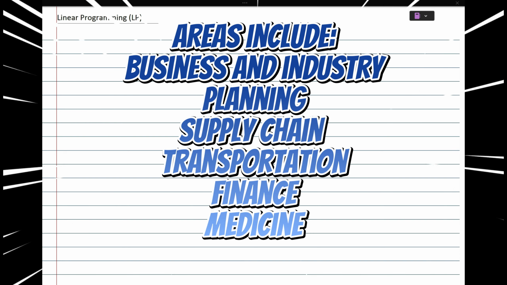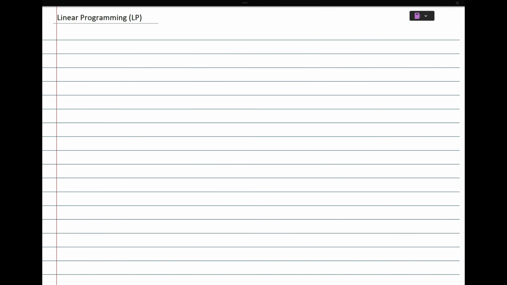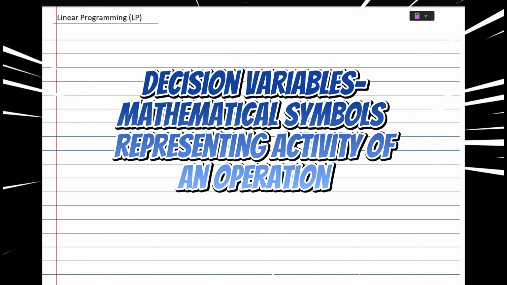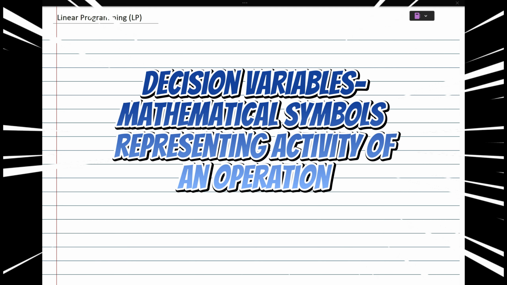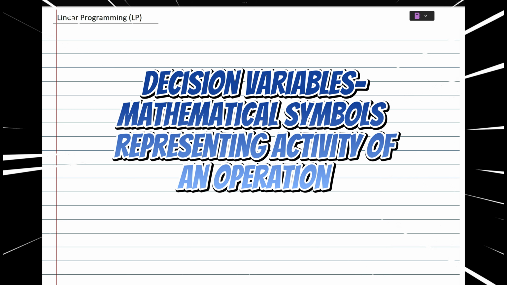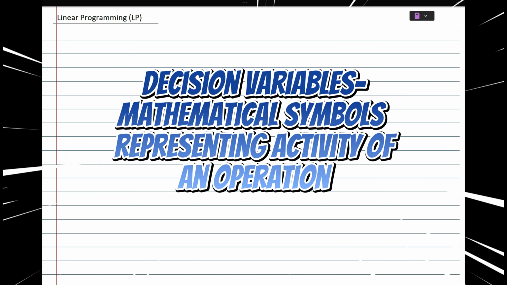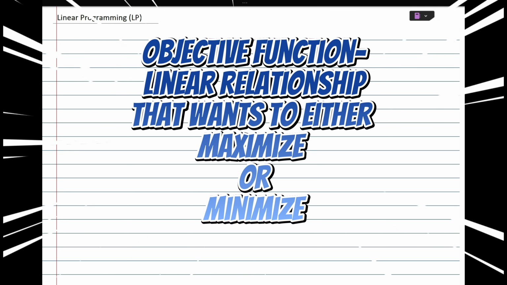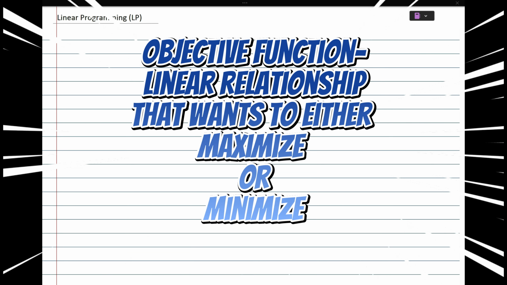So what LP model formulation consists of are first decision variables. Decision variables are the mathematical symbols representing levels of activity of an operation. Next, there is what's called an objective function. That's a linear relationship reflecting the objective of the overall problem.